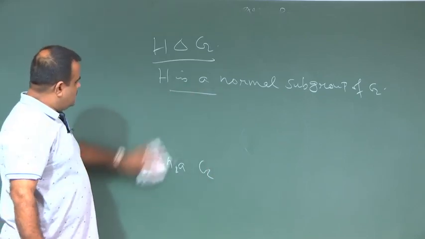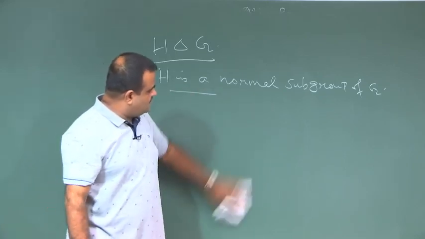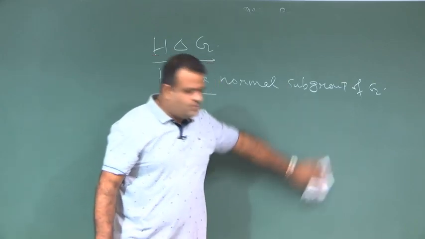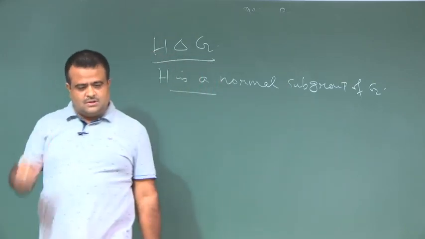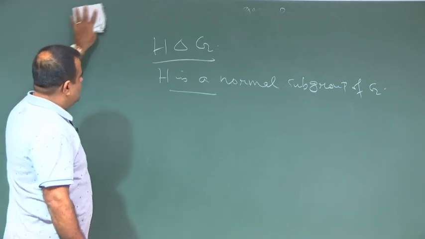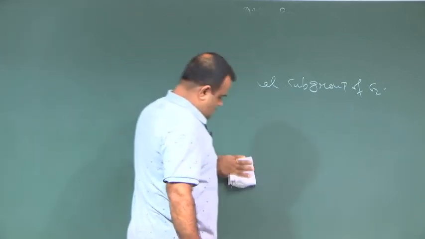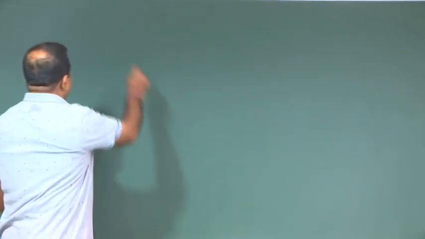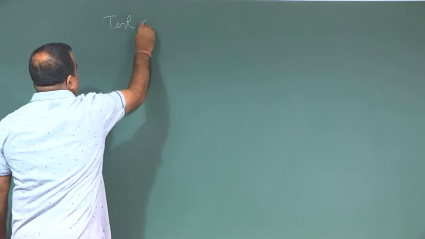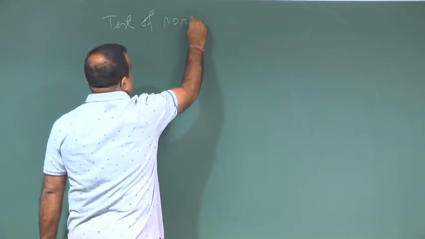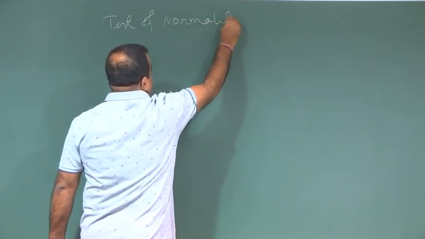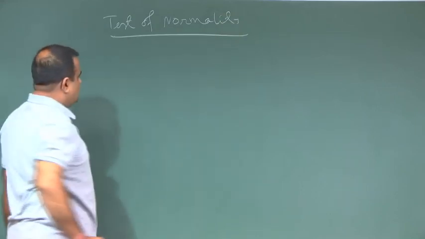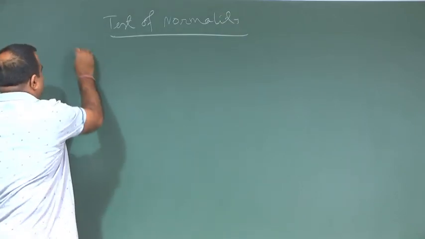Now, we will see a necessary and sufficient condition for a subgroup to be a normal subgroup. That means, the test of normality. So, we have a theorem which is a necessary and sufficient condition for normality.